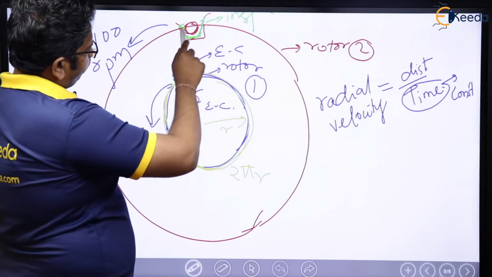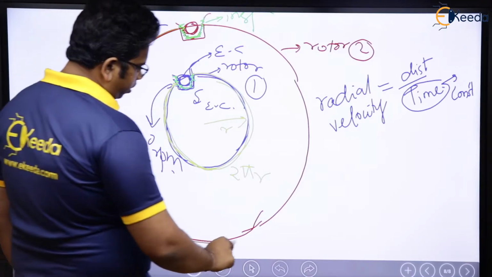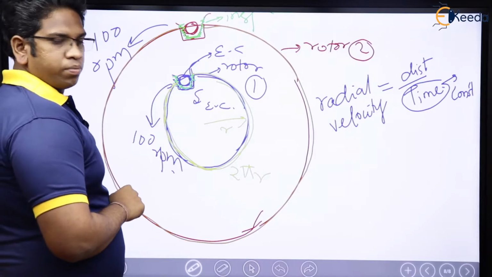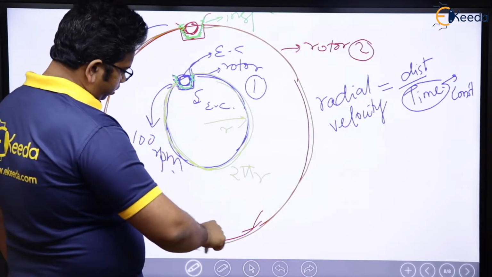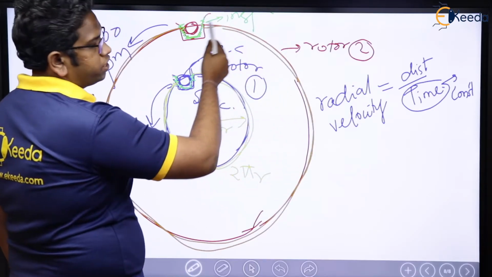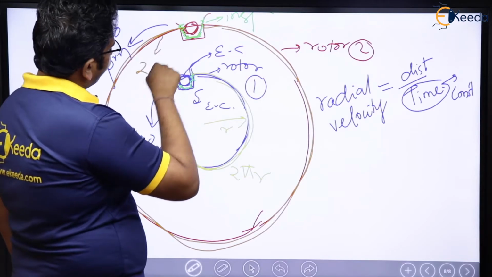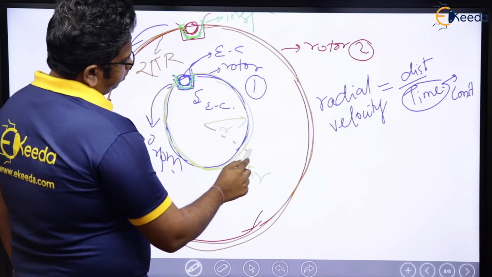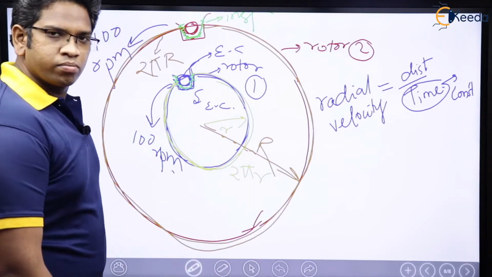And this one has to rotate in this complete diameter, which means the radial distance covered by this one is more. So it is going to rotate by 2 pi R, let me consider this radius as capital R here.